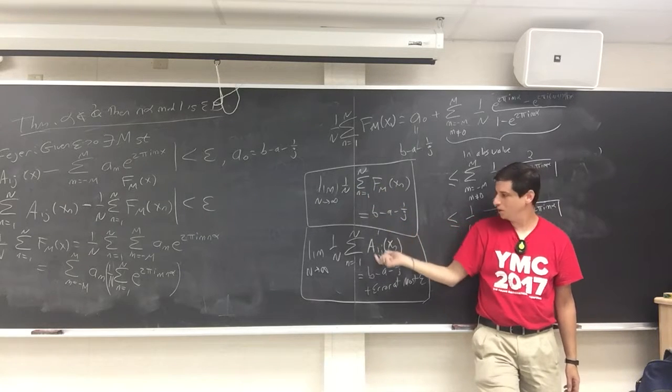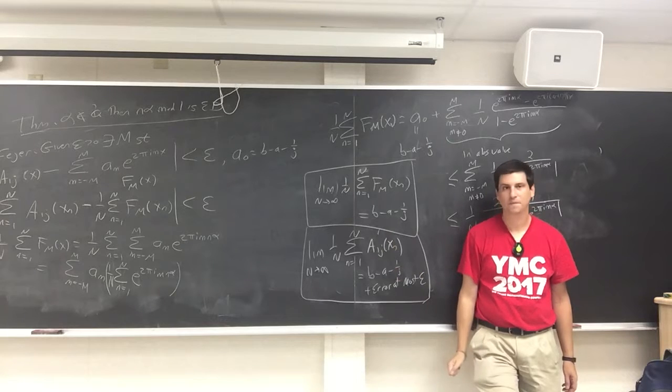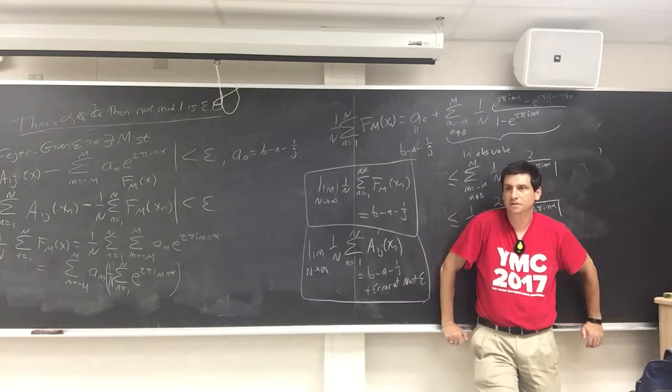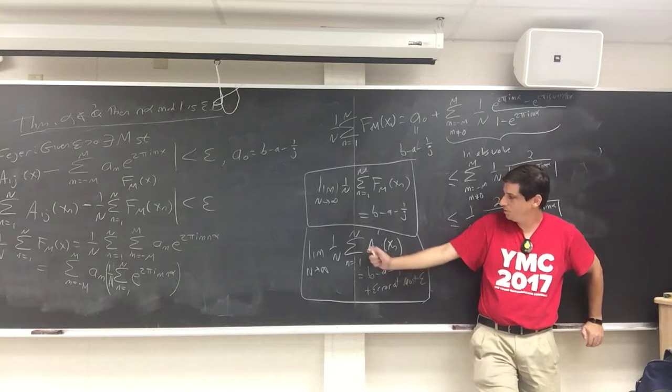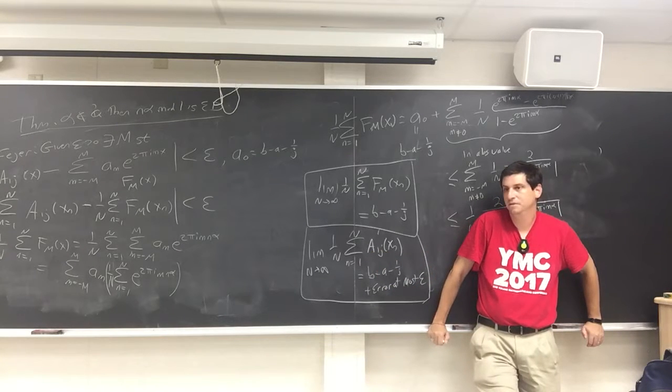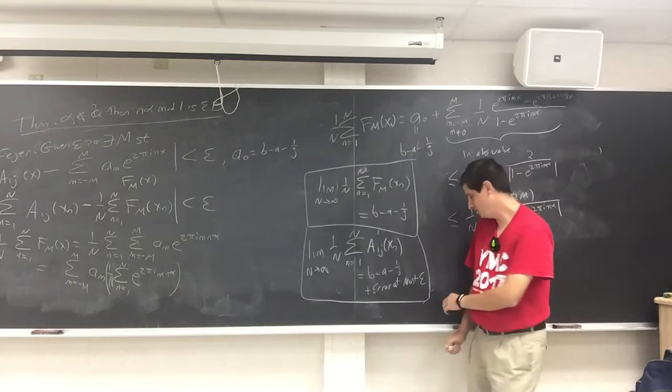No. So what must this limit be? Yeah, it's got to be b minus a minus 1 over j. There can't be any epsilon at the end of the day. There could have been, but since this is true for every epsilon, right? So it improves itself.